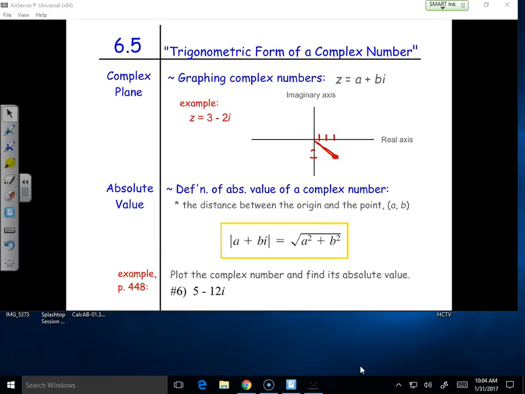A complex number can be graphed, if you think about the x-axis as real numbers and the y-axis as imaginary numbers. So then the real component is measured on the x. The imaginary component is measured on the y. Now that triangle is just something that I can add.